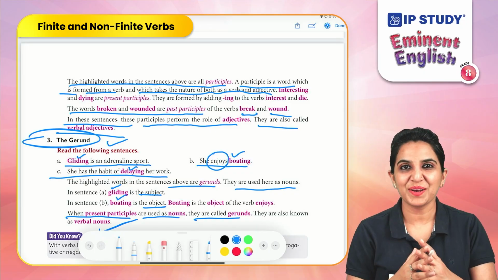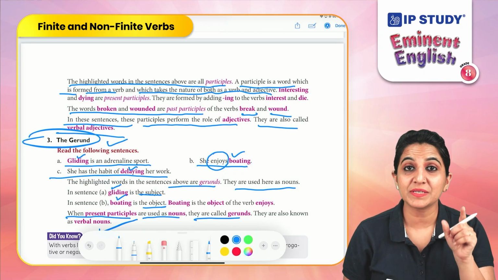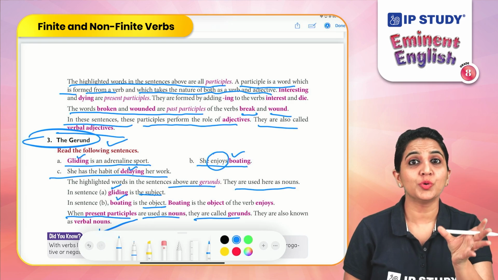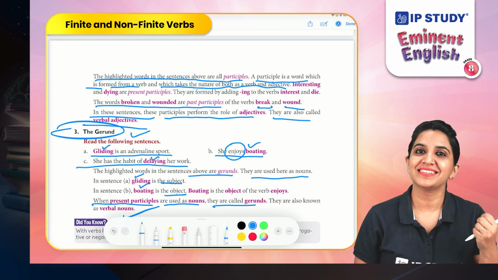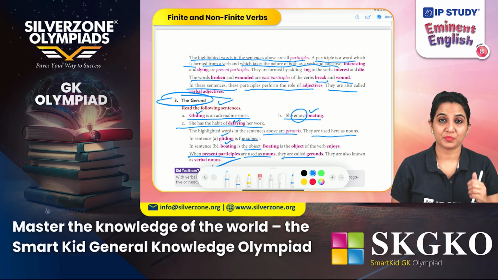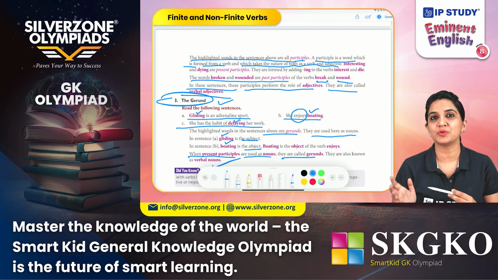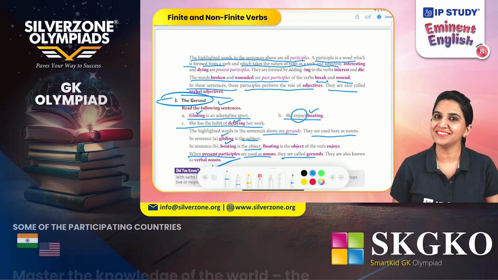So that was all about finite and non-finite verbs. Finite verbs are those verbs which show tenses. They express moods and numbers in the sentence. They also agree with the subject. Whereas non-finite verbs are those verbs which do not show a tense or do not express a mood.